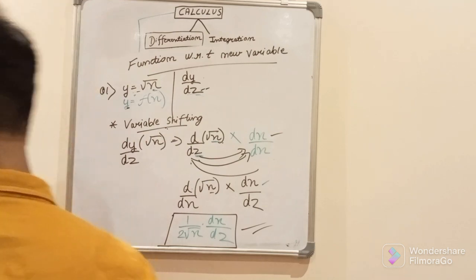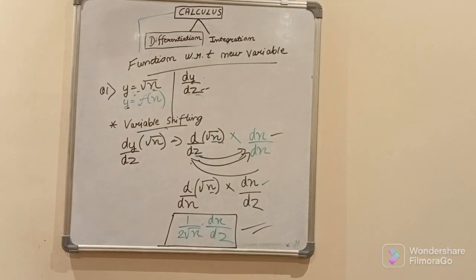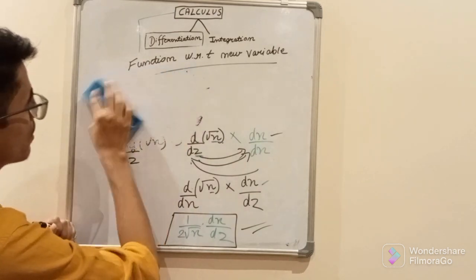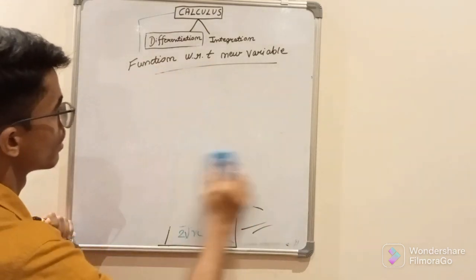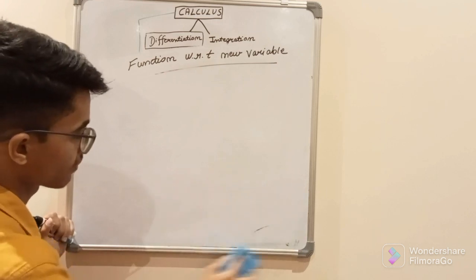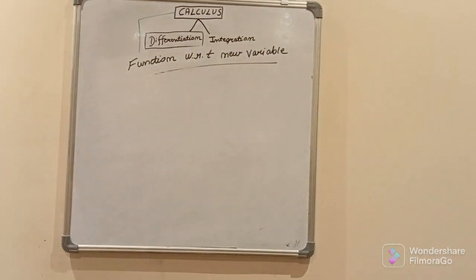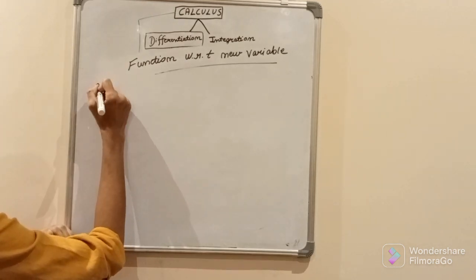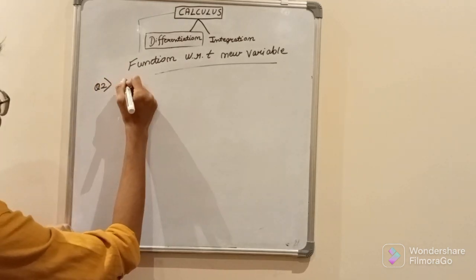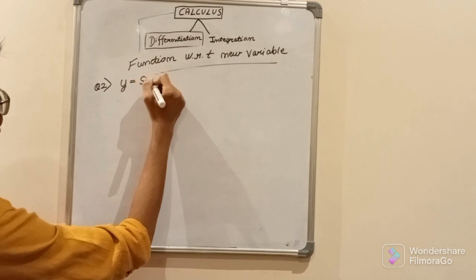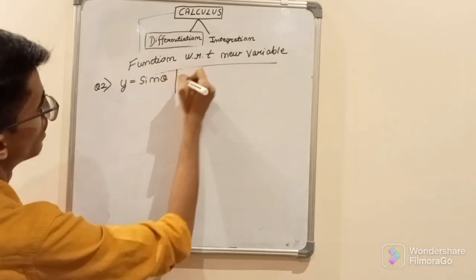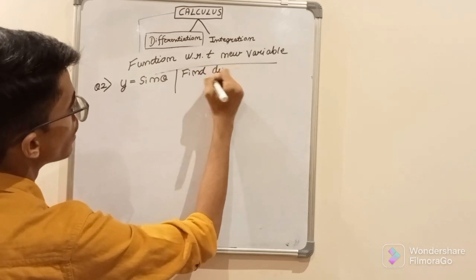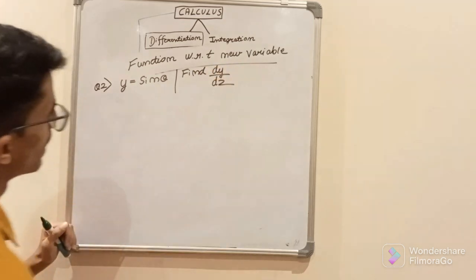Let's take one more question. Let's say y is equal to sine theta, find dy upon dz.